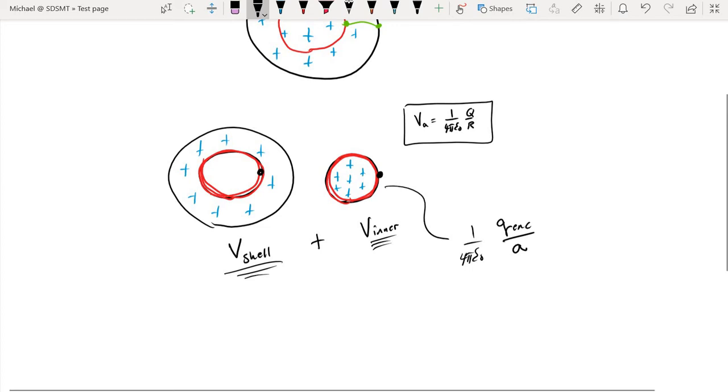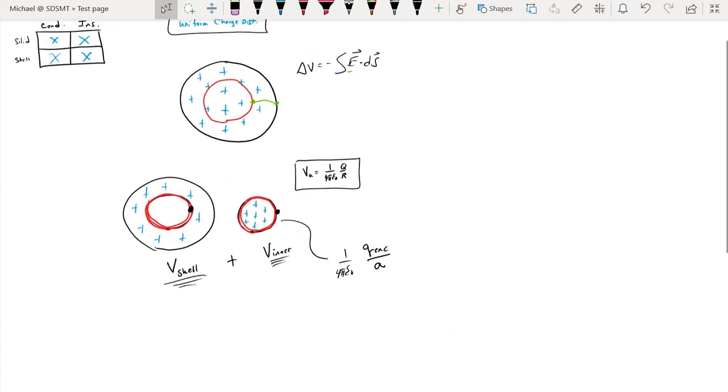Likewise for the shell, the potential anywhere inside the shell would have to equal the potential anywhere at the surface of the shell, and we've just got done doing that. And so we can add these two together and we can get the potential inside of that insulating solid.